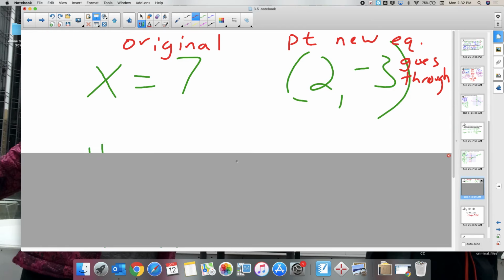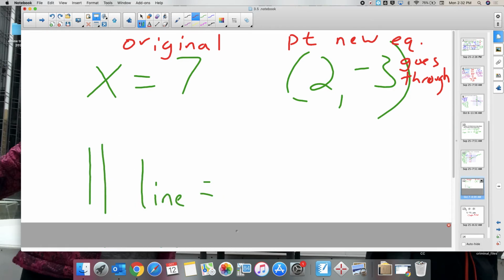Now, a parallel line. First off, the line x equals 7 is a vertical line through where x is 7. So this is what the line x equals 7 would look like.